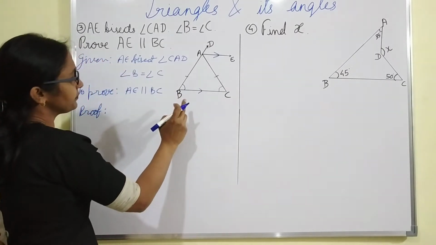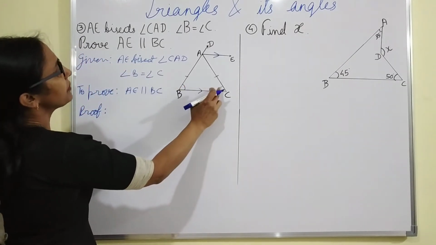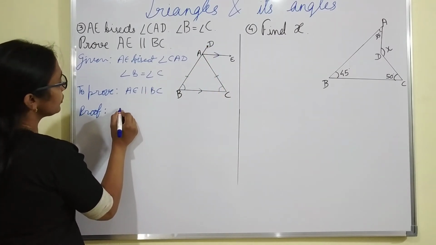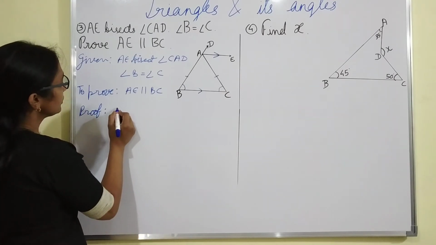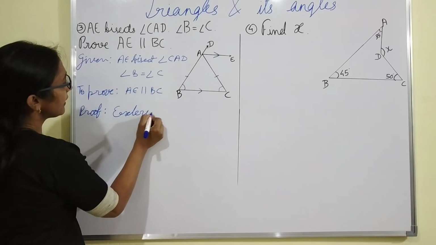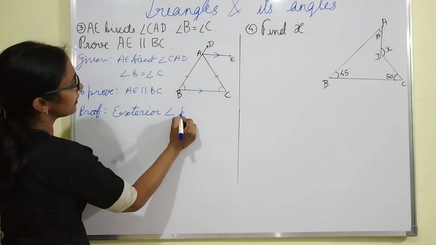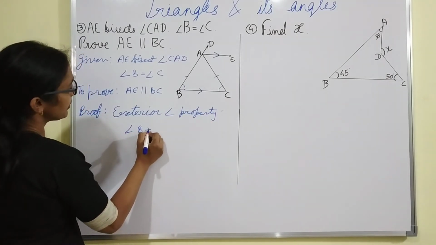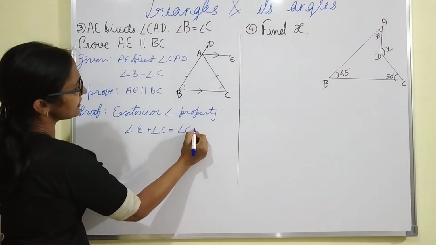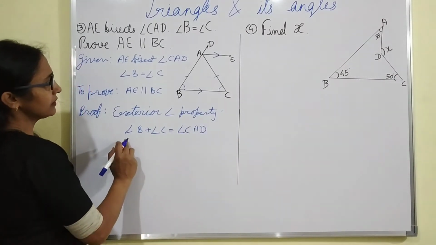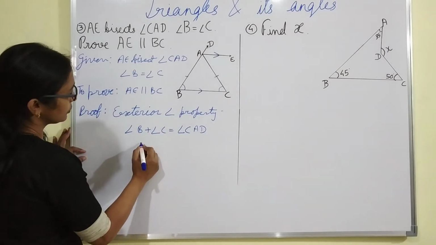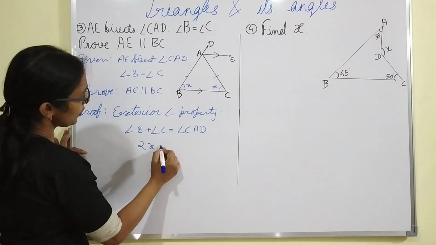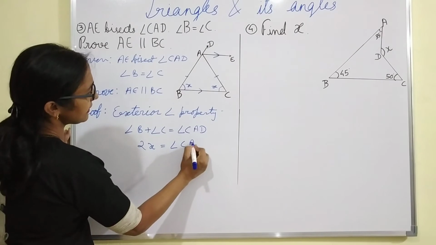So angle B plus C equals CAD according to the exterior angle property. Okay, so according to the exterior angle property, angle B plus angle C equals angle CAD. So 2x, I am taking it x, equals angle CAD.